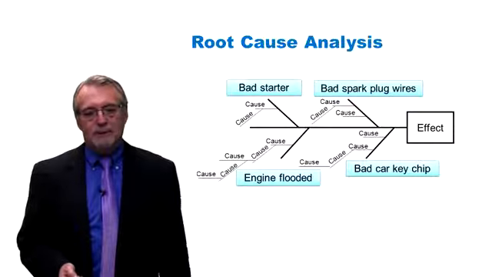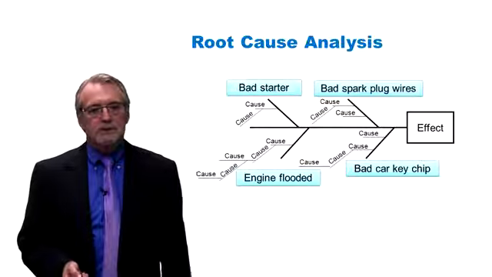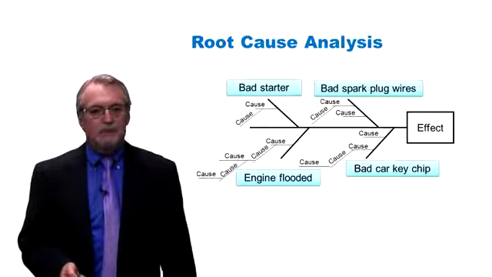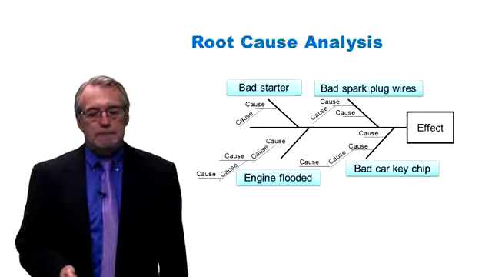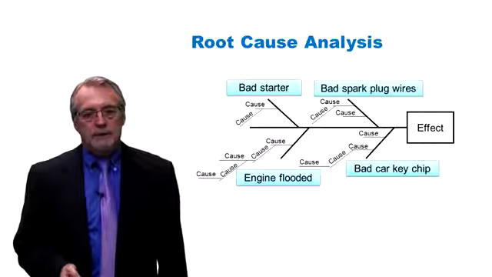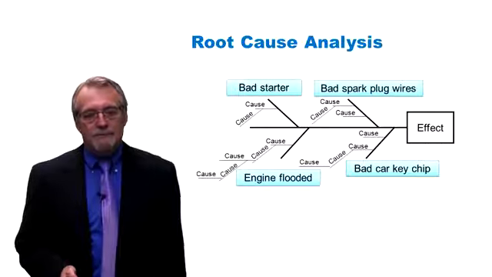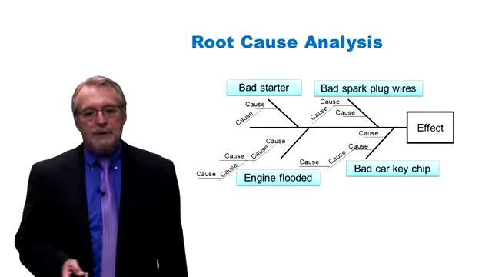So we say something under there that might be mechanical is, I have bad spark plug wires, or my battery's dead, or the starter has gone bad. So we have a number of different possible causes for that. Another thing could be we've flooded the engine in the car because we don't really know how to start a car very well.